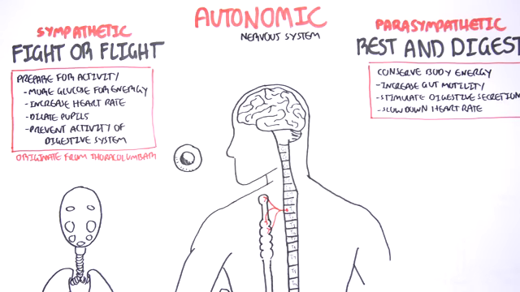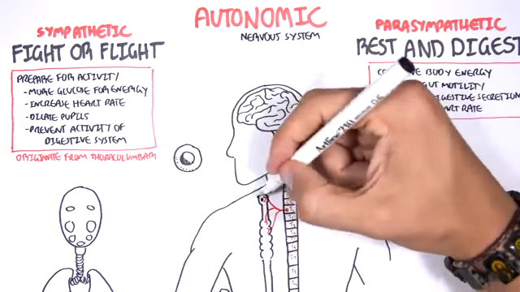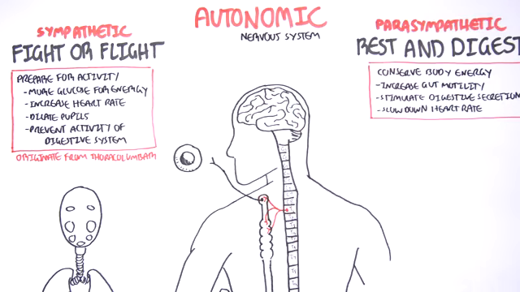And then this new neuron is called the postganglionic neuron, which will then carry the sympathetic information to a target tissue. Again, we won't go into too much detail into the nerves and where they come from. Just know that the sympathetic nerves originate either from the thoracic or lumbar regions of the spinal cord.